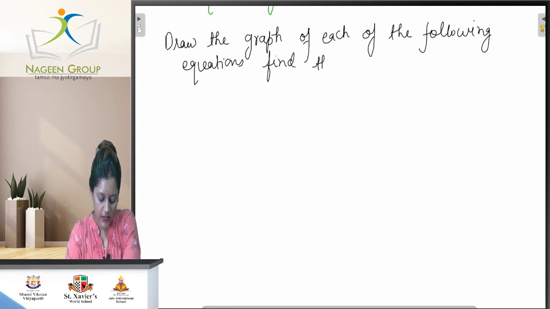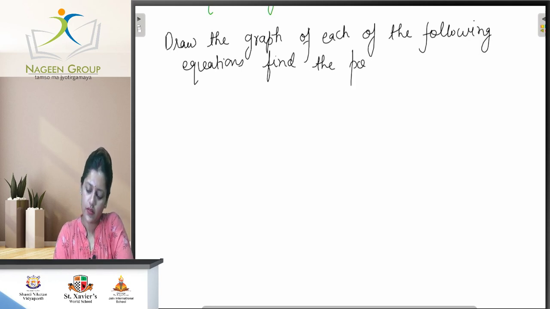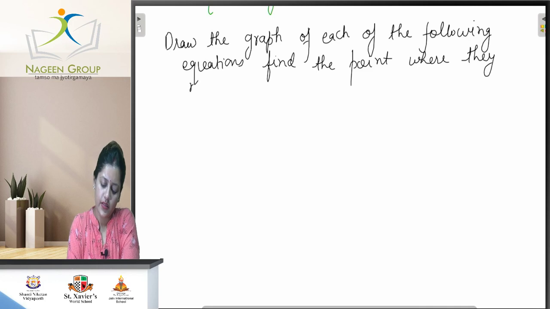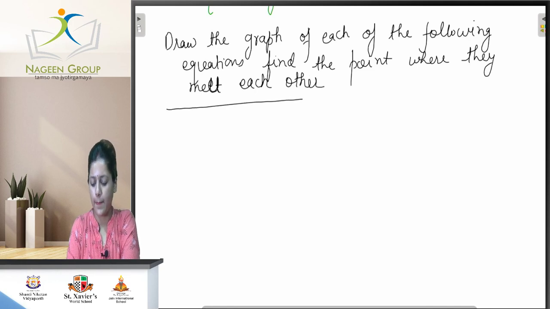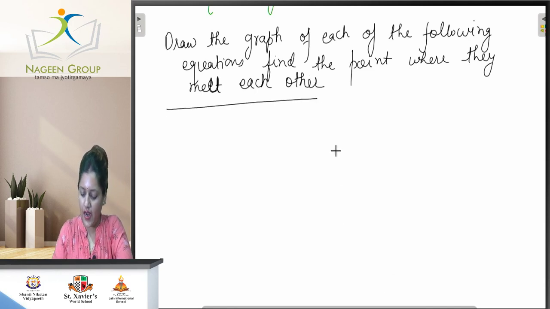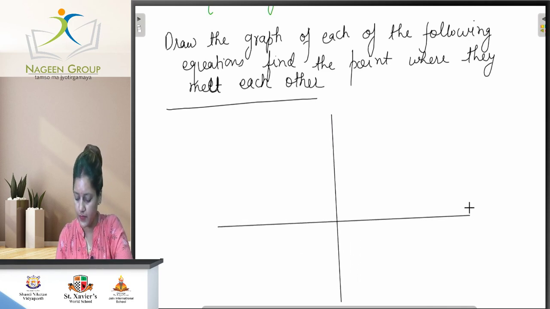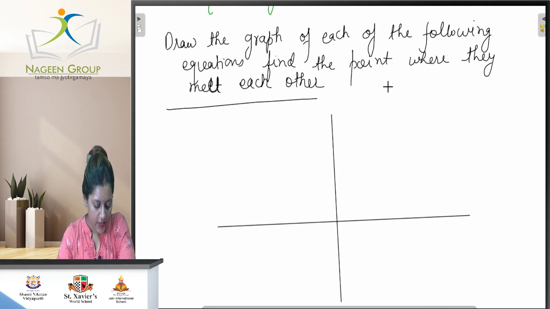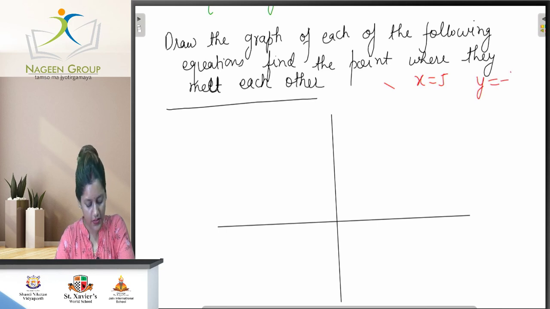Find the point where they meet each other. So let us make a graph. First you have to put a line, and the lines are x is equal to 5 and y is equal to -3.